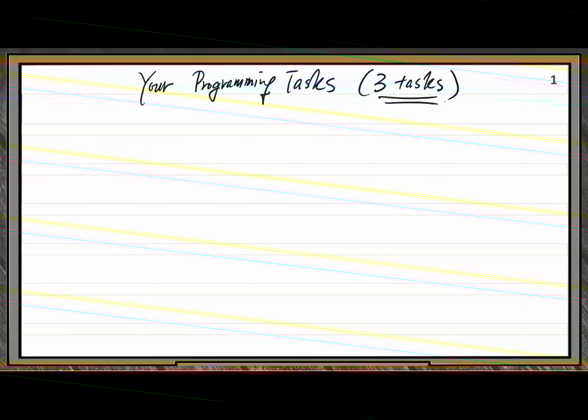So these three programming tasks: one is the big one, the main one, and two are small tasks. The first one is the main task. You need to do a feature I mentioned in class.